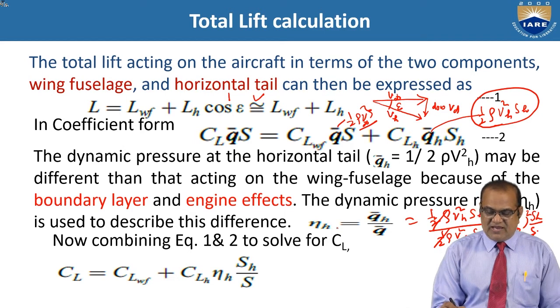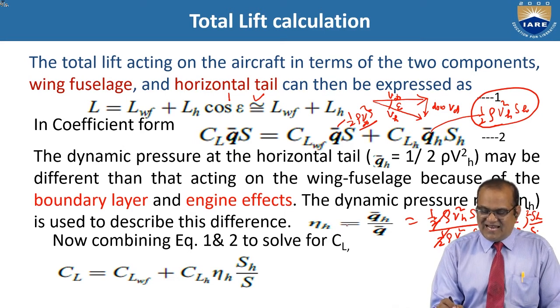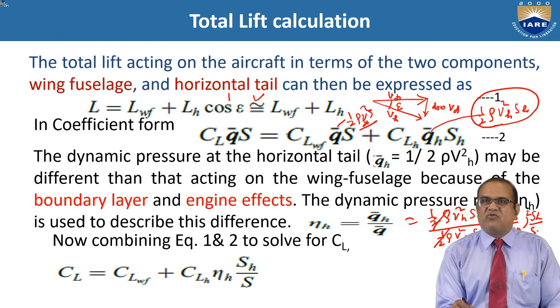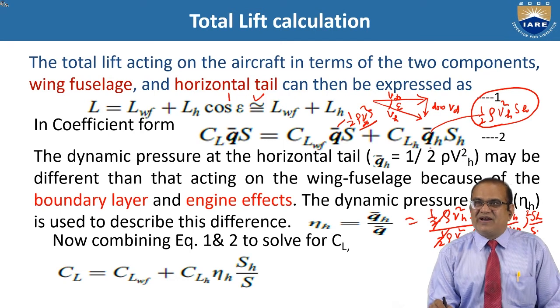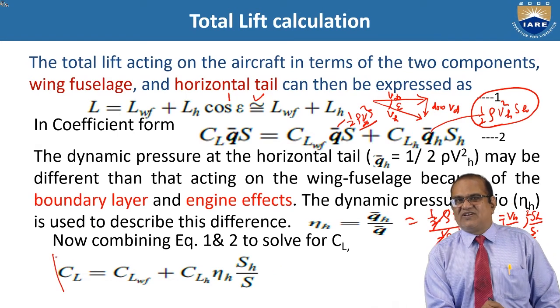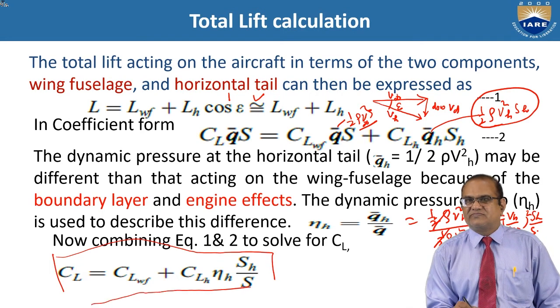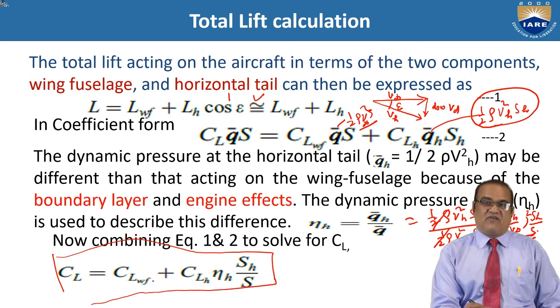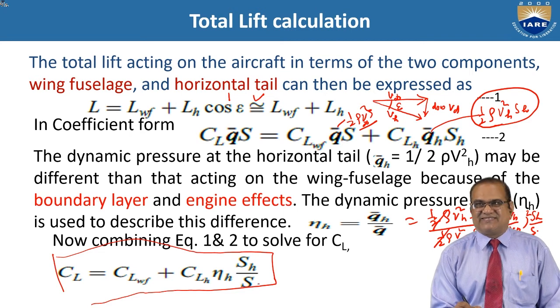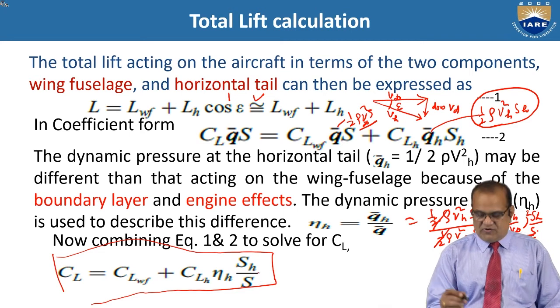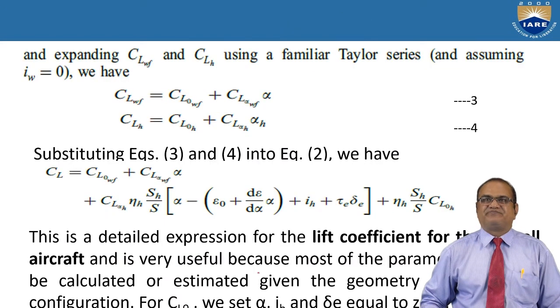So here we can write that CL is equal to CL_WF plus CL_H. If you divide here, you will get eta_H into S_H by S. So the total coefficient of lift here, you are going to get as the sum of coefficient of lift of wing and fuselage plus CL_H eta_H S_H by S. So these things we have to keep in our mind.